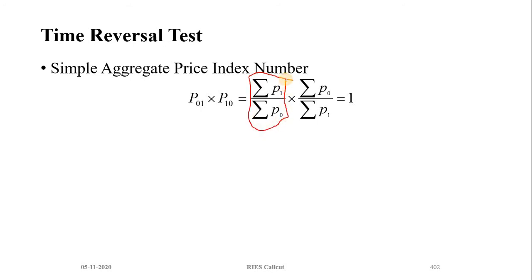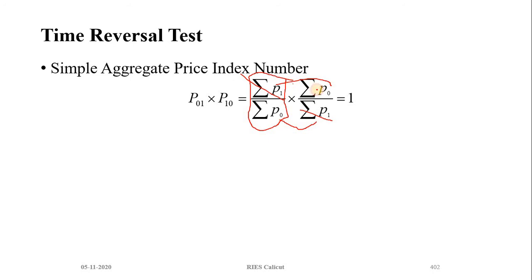Okay, now you change the subscript. That is, P1 converts into P0, P0 converts into P1. Now you look at this equation: sigma P1 is here, sigma P1 is also here.